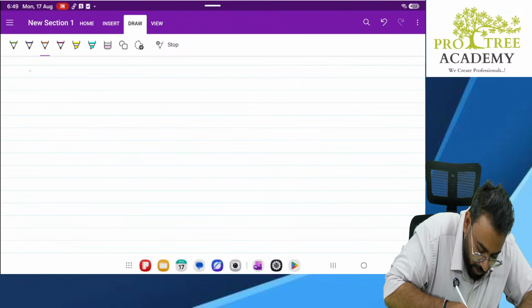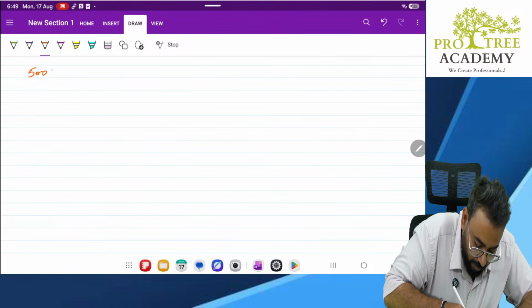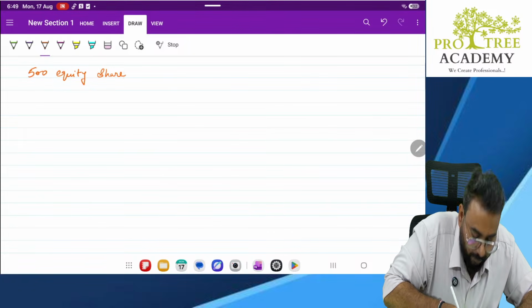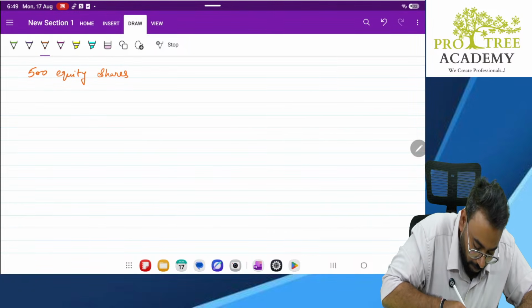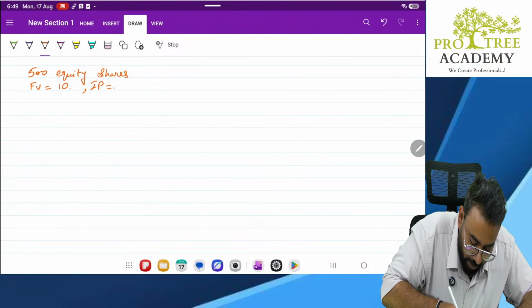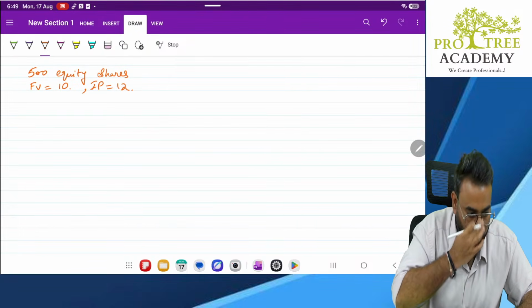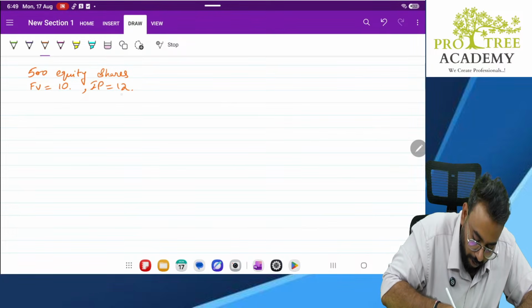So how many shares? 500 equity shares. What is the face value? Sir, face value is equal to 10. What is the issue price? Issue price is equal to 12. So this issue price is divided. How is it divided?